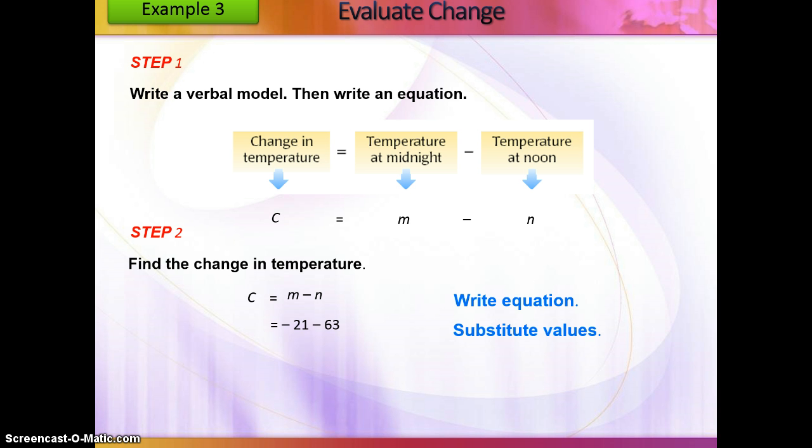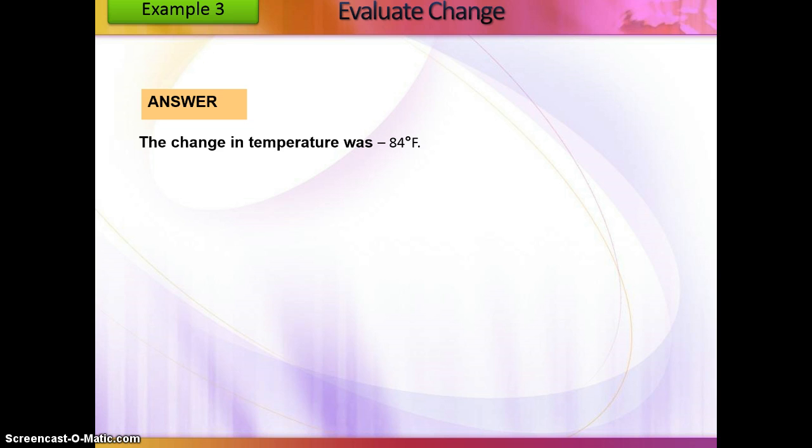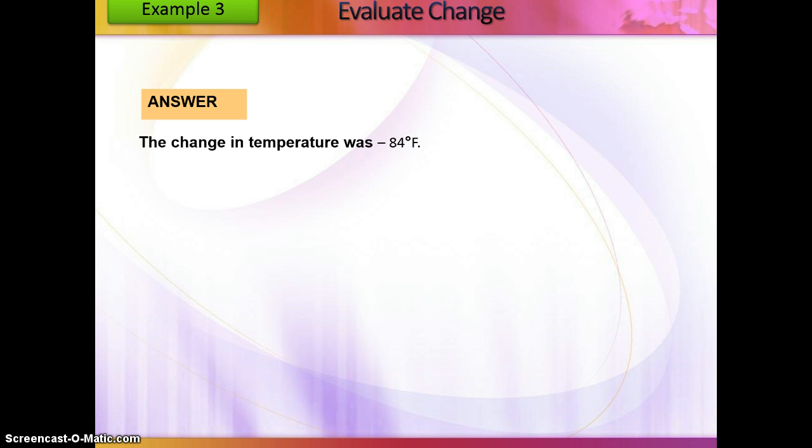So we would have the change in temperature equals negative 21 minus 63. Now we want to add the opposite of 63. So this is the same as saying negative 21 plus negative 63. Since both terms are negative, we will add the absolute values of the digits together and keep the answer negative. So the change in temperature here is negative 84 degrees. So that implies that the temperature dropped 84 degrees.